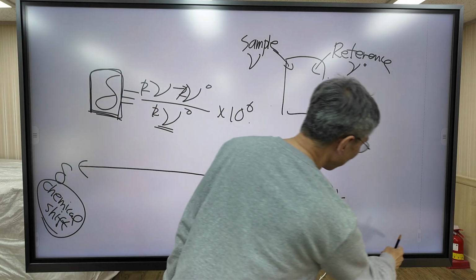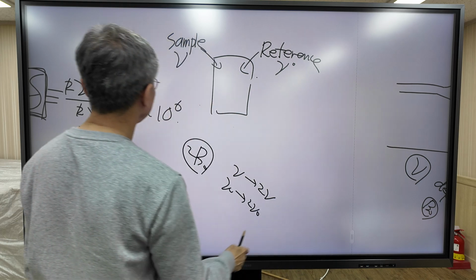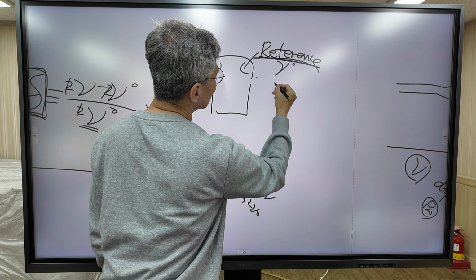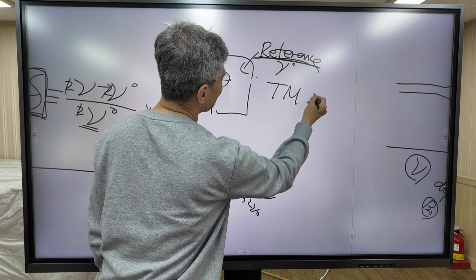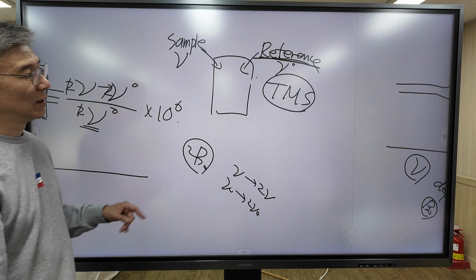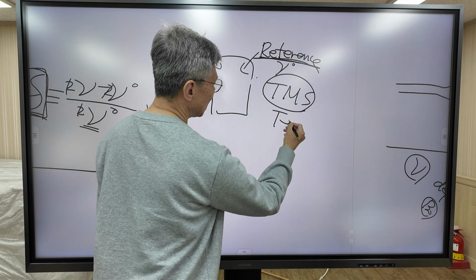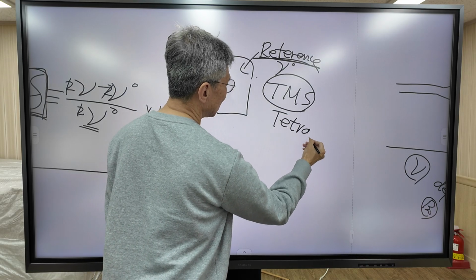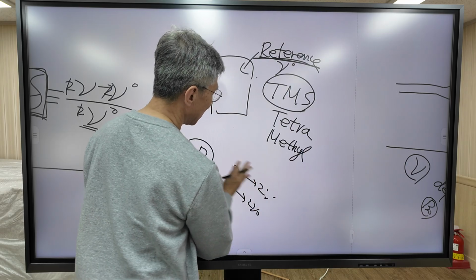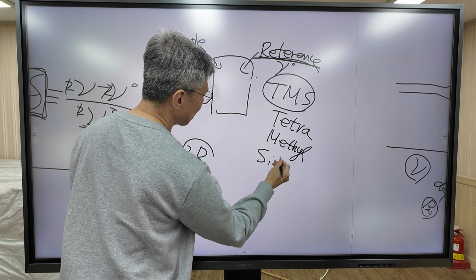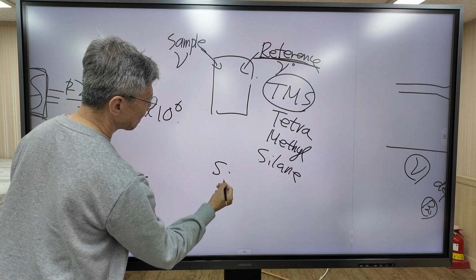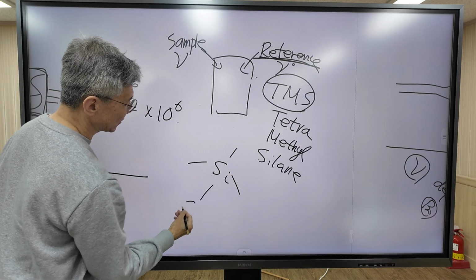So we measure chemical shift instead of nu. And the usually used reference is tetramethylsilane. Tetramethylsilane is the usually used reference. It looks like this: silane, tetramethyl.